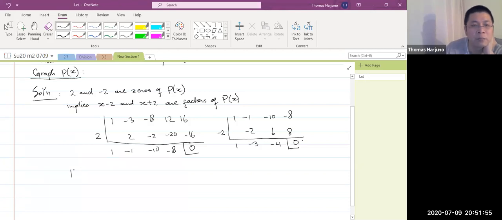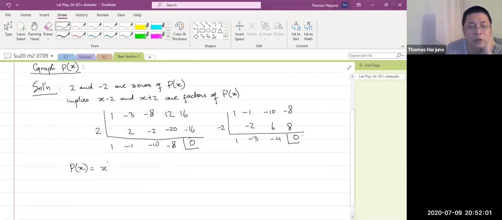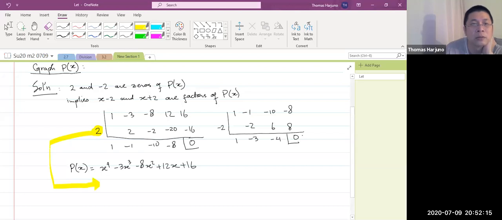It means that P(x), which is x to the 4th minus 3x cubed minus 8x squared plus 12x plus 16, because of this, I get x minus 2 times x cubed minus x squared minus 10x minus 8.